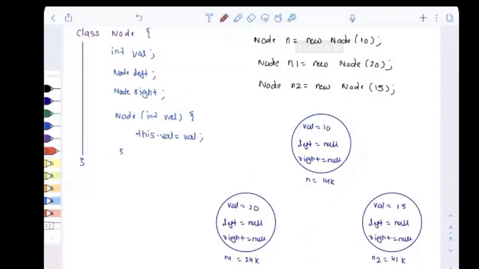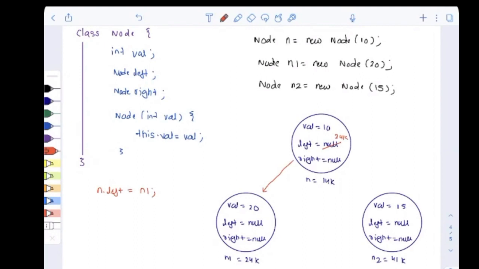Now let's establish the linking part. The linking part is, tell me you got it or not. n dot left is equals to n1. Read this line and do the work. n dot left is equals to n1. What will happen? n dot left means 14k dot left. Can it become equals to 24k? Yes, it will become that. And by this line, you are doing this linking, guys.